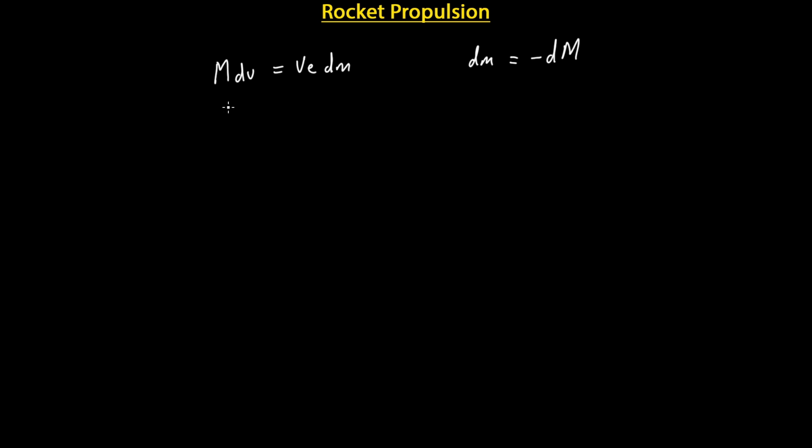So we can also write this expression like this. Capital M dV is equal to negative velocity of the exhaust multiplied by the change in mass of the rocket, the infinitesimal change in the mass of the rocket.